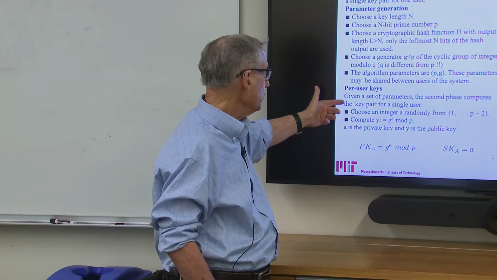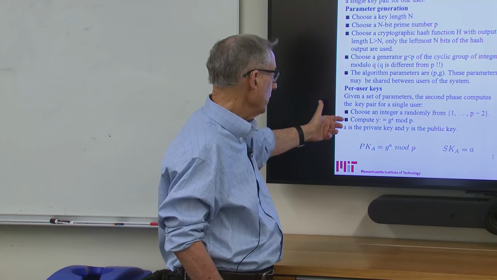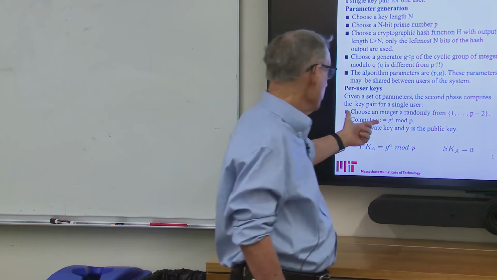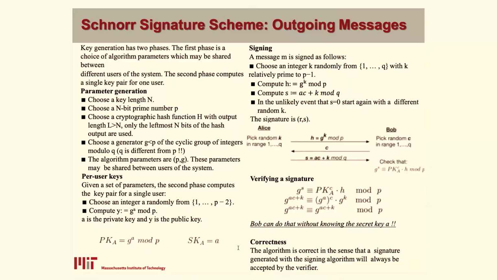For key generation, we do the following. We randomly choose an integer from this set 1 up to p minus 2. And then, not surprisingly, we choose G, the generator, to this power A, where A is randomly chosen. So A is looking like a private key.